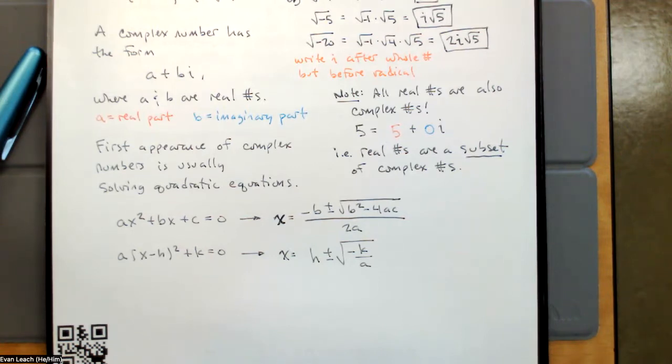The important thing to note here is that these solutions have this square roots, and that square roots could produce negative numbers, and those negative numbers will produce complex solutions.